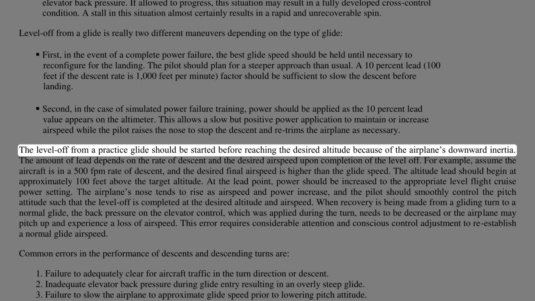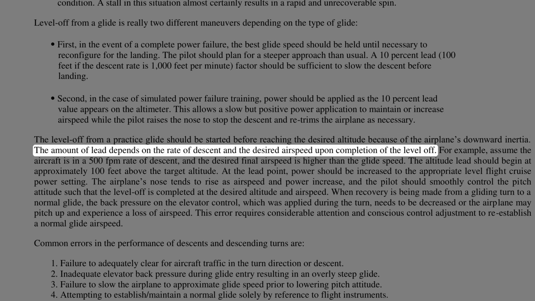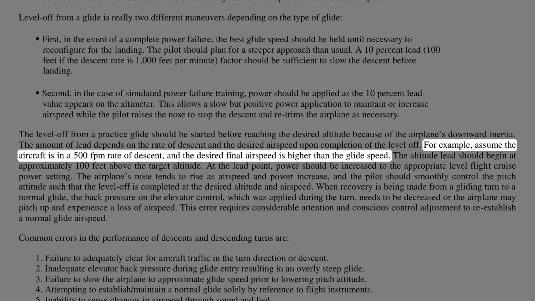The level off from a practice glide should be started before reaching the desired altitude because of the airplane's downward inertia. The amount of lead depends on the rate of descent and the desired airspeed upon completion of the level off. For example, assume the aircraft is in a 500 fpm rate of descent and the desired final airspeed is higher than the glide speed.